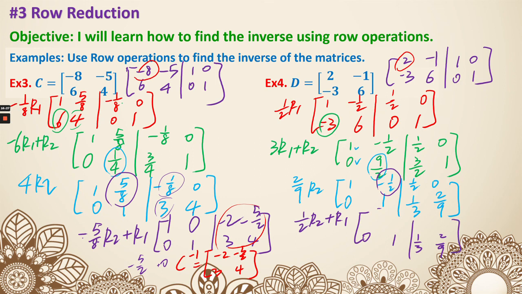As for the first row, that's going to become a 1. 1 times 1/2 plus -1/2 is going to be a 0. 1/3 times 1/2 is 1/6, being added onto 1/2, so it's going to be 2/3. And the last number, 2/9 times 1/2 is 1/9 plus a 0, still going to be 1/9.